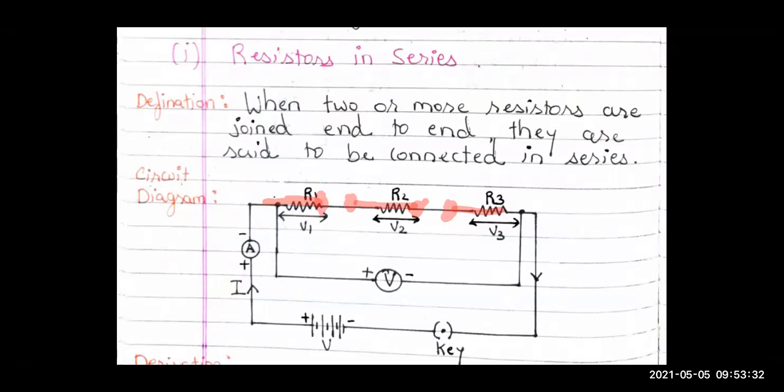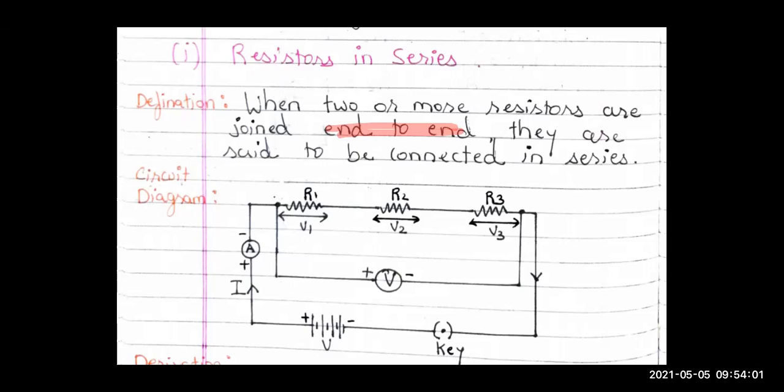So when two or more resistors are joined, connected end to end, this is the most important word of the definition. This word has to be there. When two or more resistors are joined end to end, they are said to be connected in series. So in series means they are just like train, one after the another. So this is the definition for resistors in series.